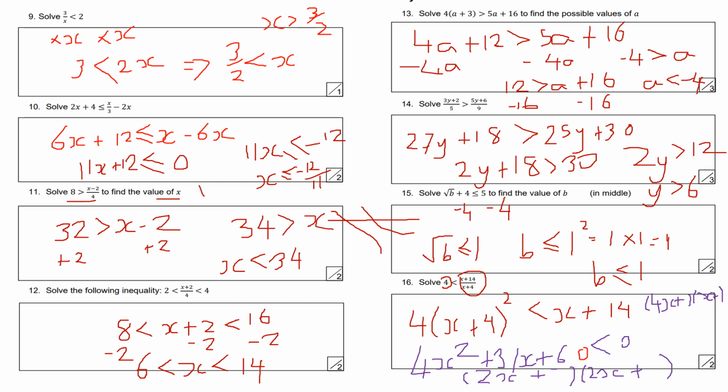Okay, so factors of 60. So I'm going to have 15 and 4, or 5 and 12.